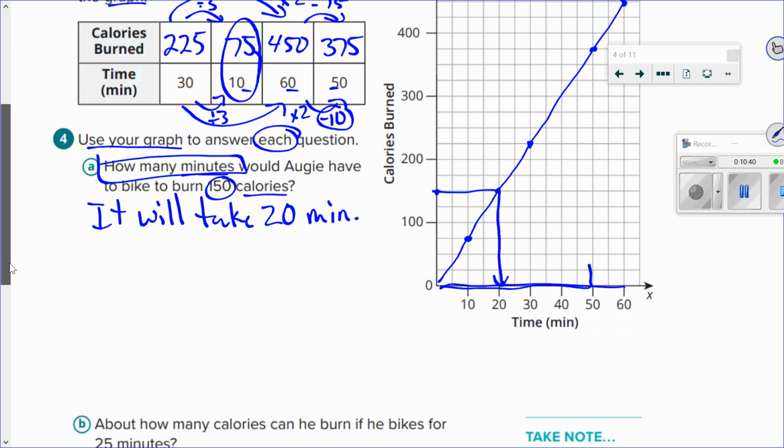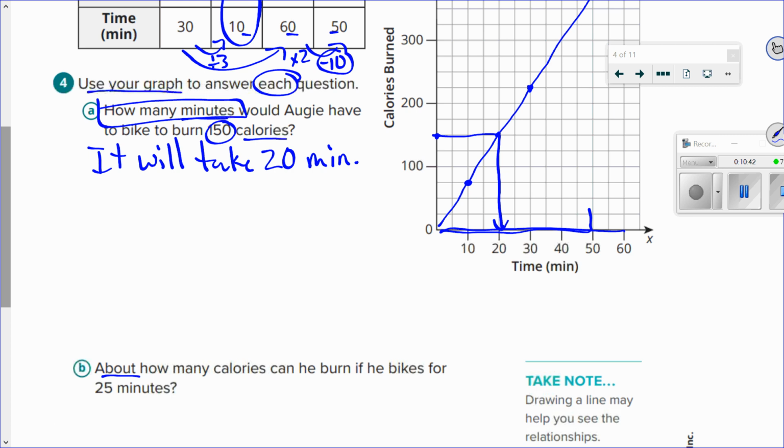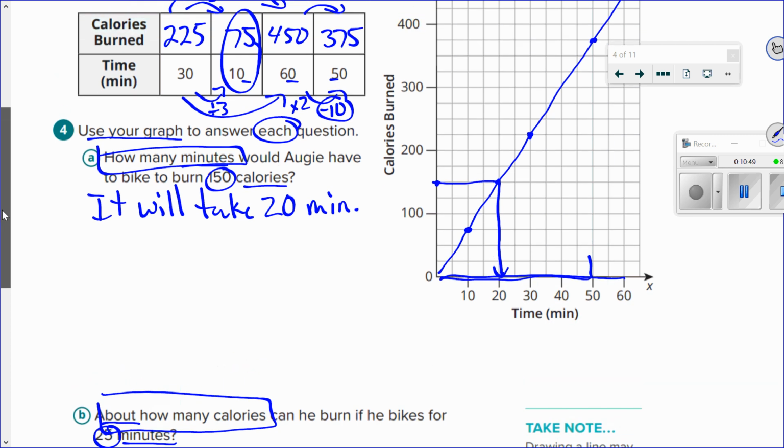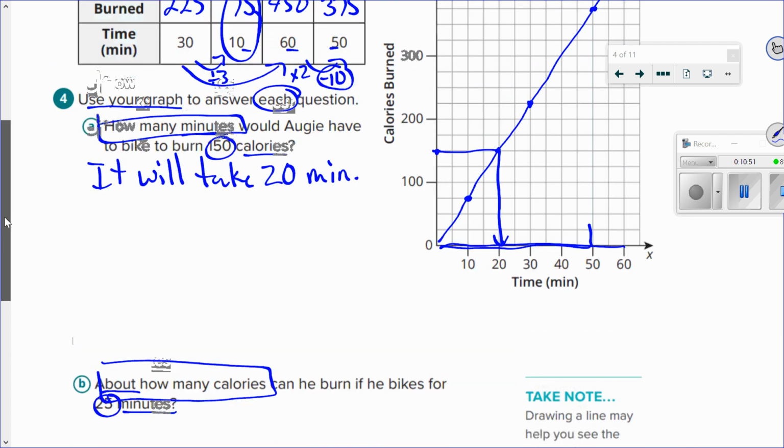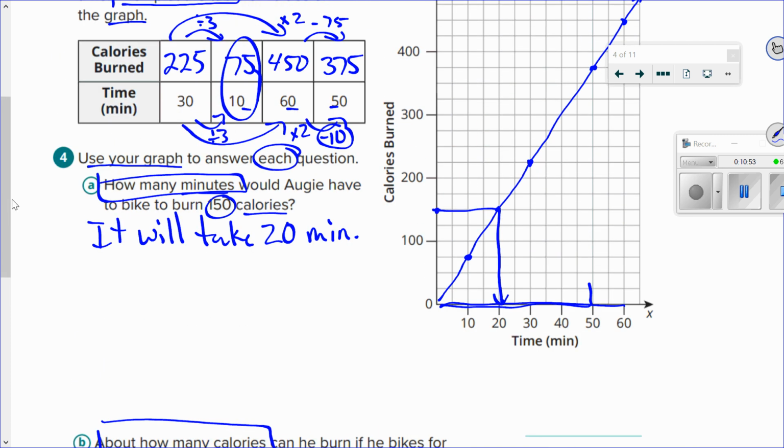Okay? Part 2, about how many calories can he burn if he bikes for 25 minutes? Fortunately, they gave us some wiggle room here with the "about." If I go at 25 minutes, I'm going to start here.